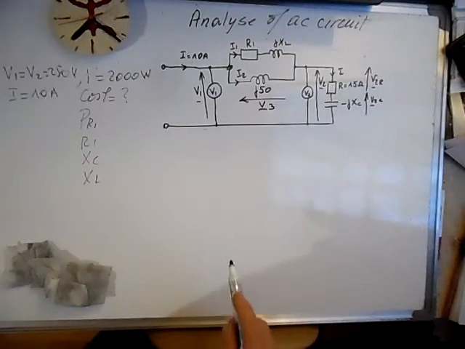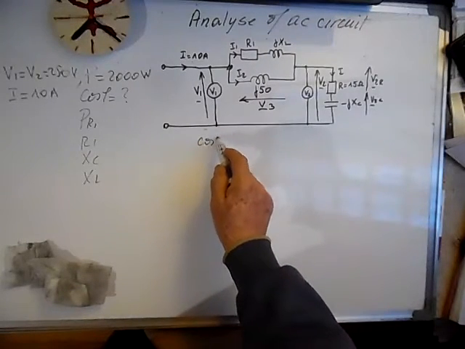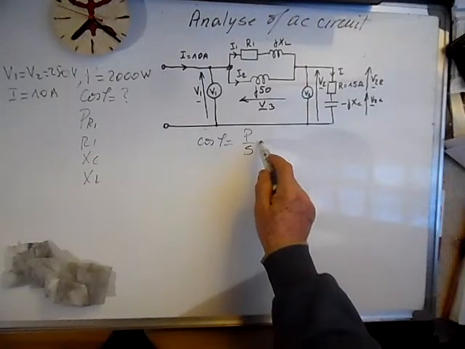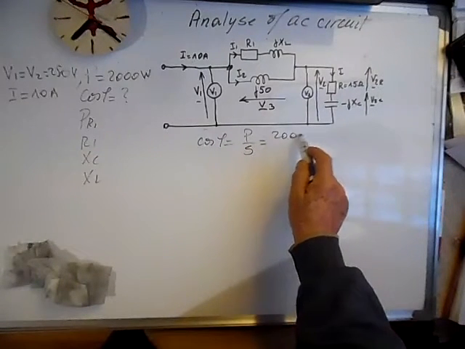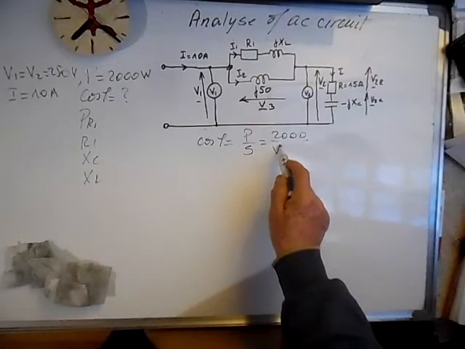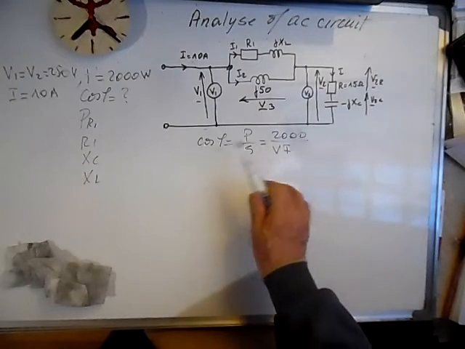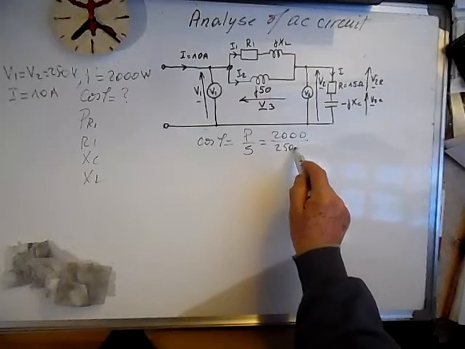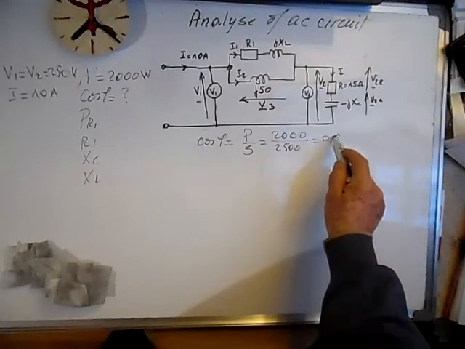So step by step, cosine phi we can calculate as P over the apparent power. This is 2000, S is V1 times I, and this is 2500, so we get 0.8.